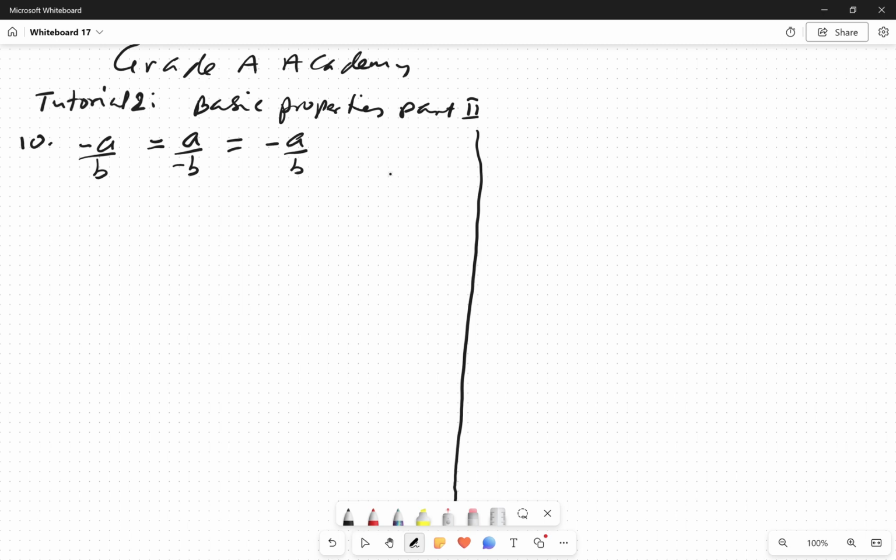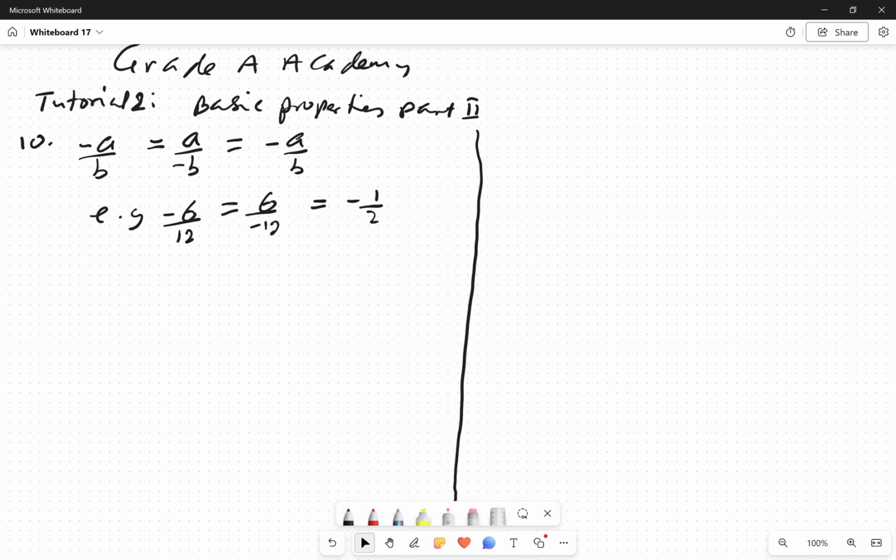So if you have something like negative 6 over 12, it is the same thing as 6 divided by negative 12, and your answer will be negative 1 over 2. 6 can go into 12 two times, so you simplify to negative 1 over 2.